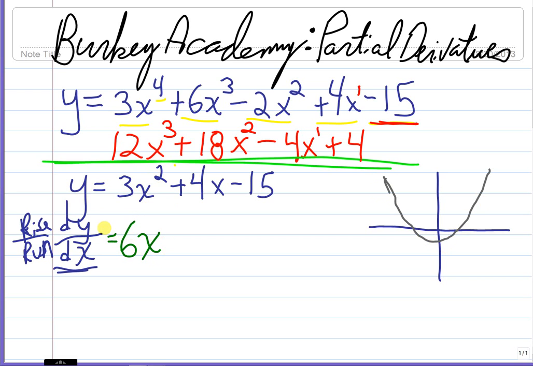So the derivative will be 6x plus the derivative of 4x, which is just 4. The derivative of the minus 15 is just 0. That minus 15 does not influence the derivative or the slope in any way.